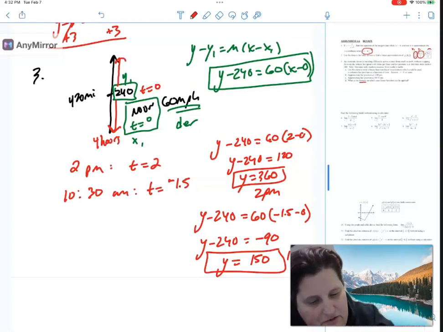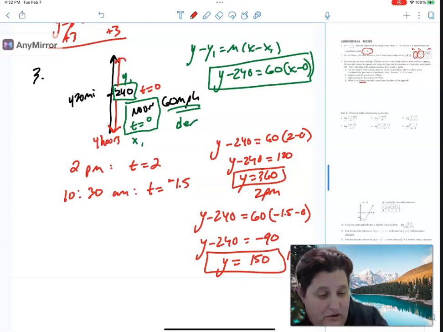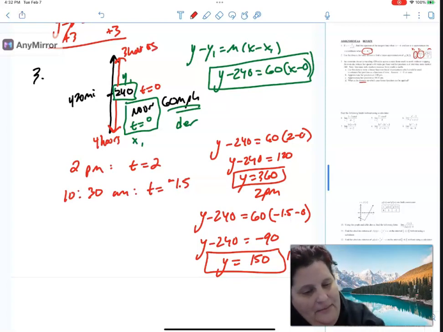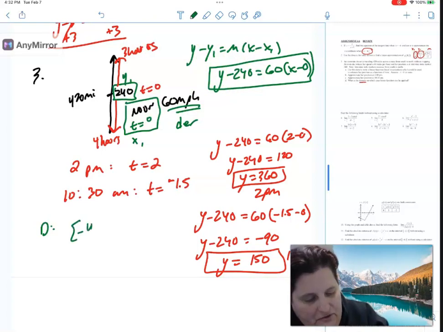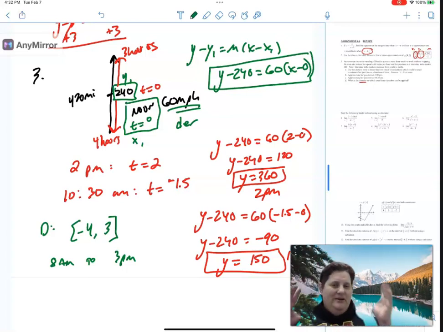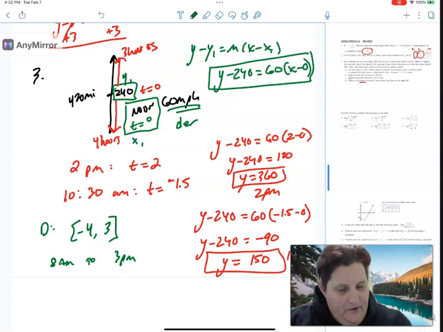And if we keep going to 420, 420 divided by 60 is 7. That's a total of 7 hours, so 3 more hours that way. But because I let time 0 be right in the middle, my domain is, she went from -4 to 3, which is really like noon minus 4 is like 8 a.m. to 3 p.m. Okay, but it's just a way of like writing that out.